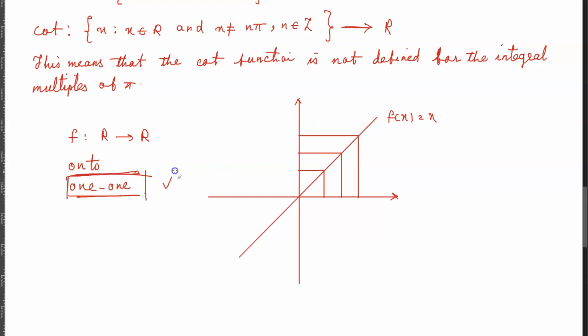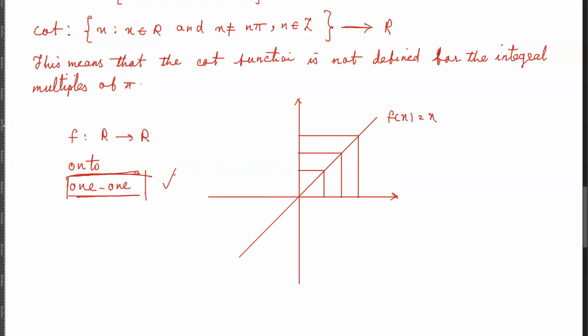So 1-1 is taken care of, and it's not like, for example, a sine function. Onto means that every element that you find here is the image of some element in the domain of the function, which is of course the case.